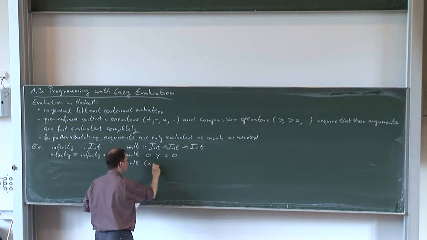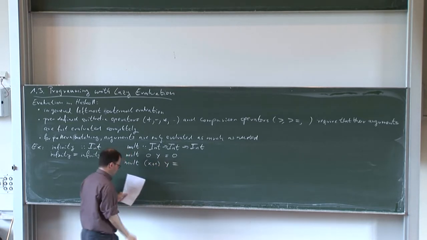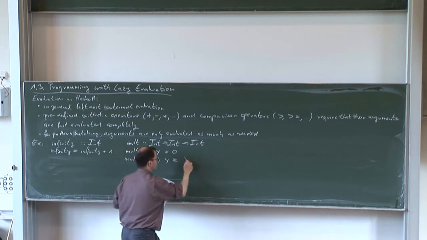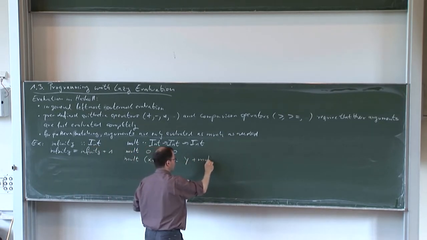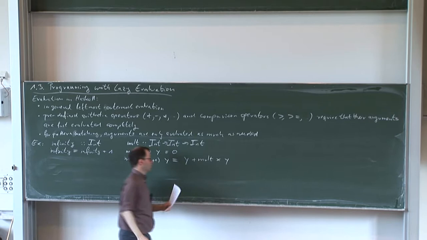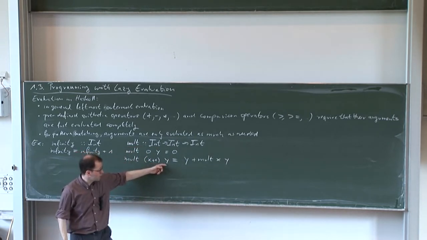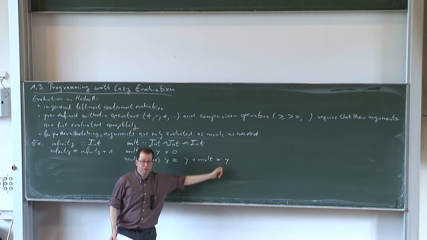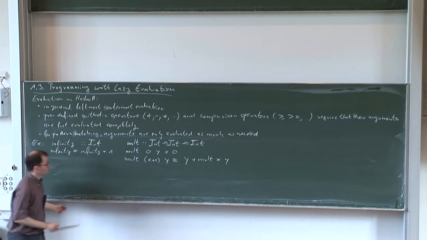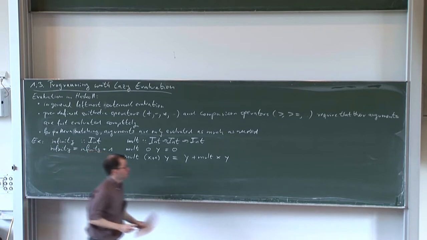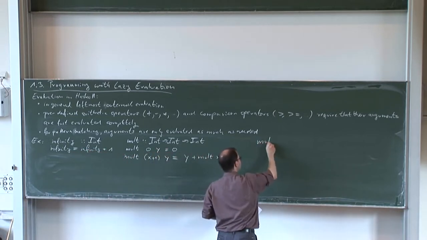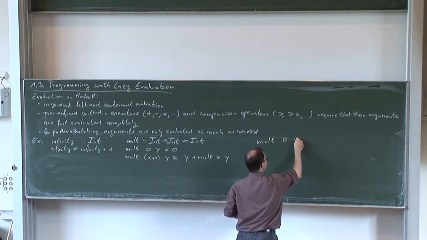And if we want to multiply x plus 1 with y, then we get y plus multiplication of x and y. So, I mean, this means you have one more y than if you just multiply x and y. And so what happens if we want to evaluate the multiplication of 0 and infinity?